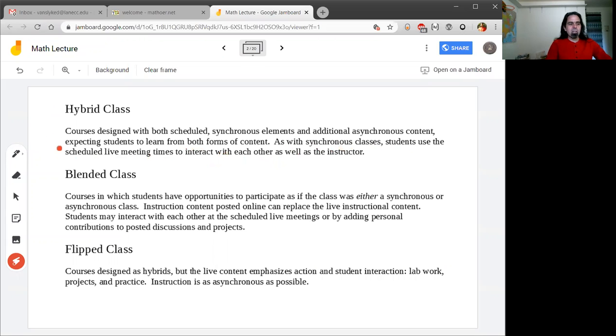LCC has a long history of hybrid classes because Lane County is so geographically big. There's even a room on campus that has a great big screen on the back. And I've taught there. I had most of the students in this room in the CML building just sitting in front of me because it was a room with desks, but there were also students in Florence.